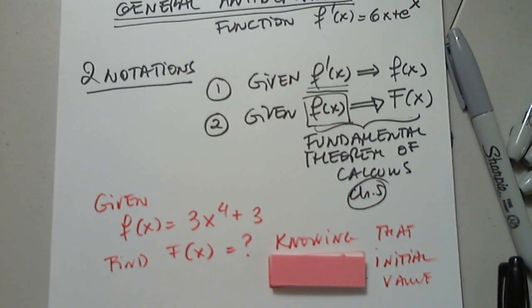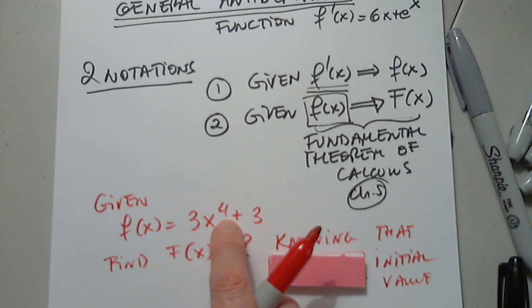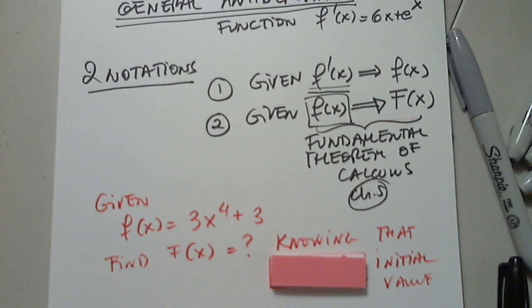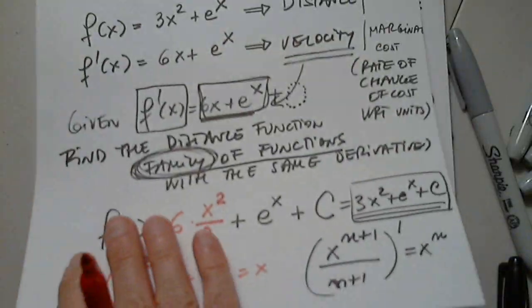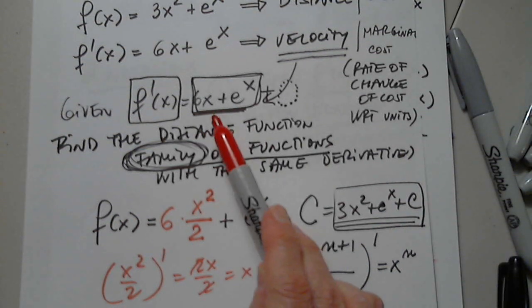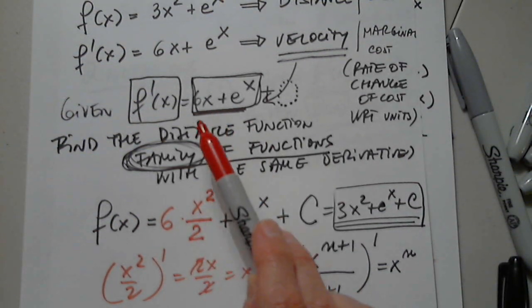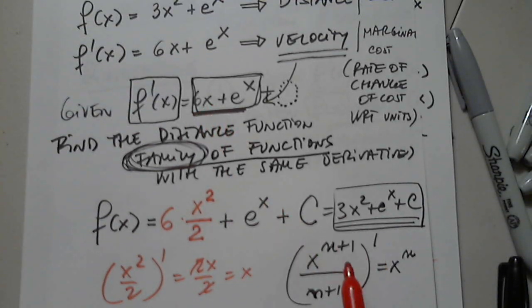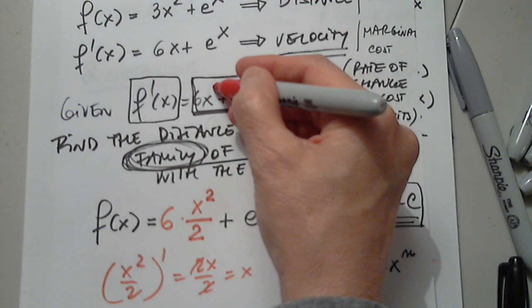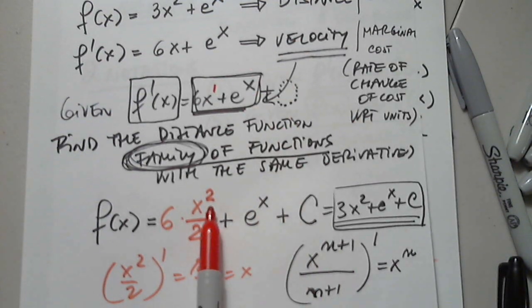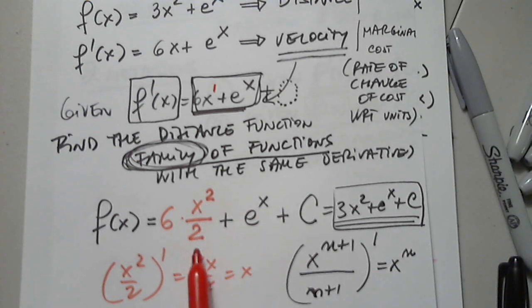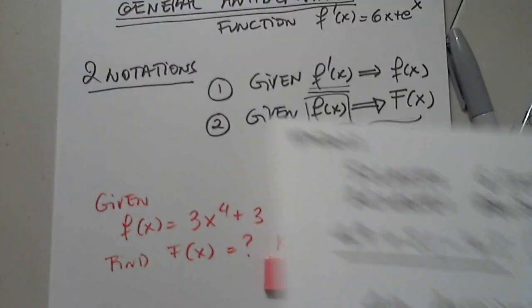3 stays in front. Which function prime, based on the power rule that we just looked at, will be x to the 4th? In order to find a function whose derivative is x, all I had to do is increase the power, which is 1, by 1, 1 plus 1, and divide by the result for polynomials.